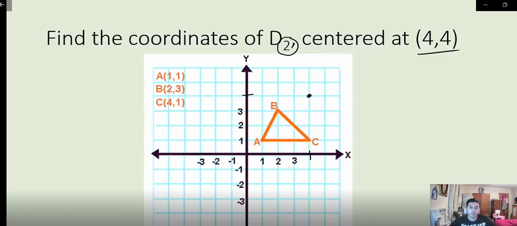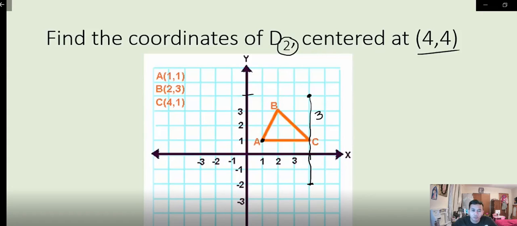Your pre-image A is located at 1, 1, B is located at 2, 3, and then 1, 1. Your A is 3 units away from the center of dilation vertically. And then, of course, we have to double that. That will be our Y value there for our A prime.